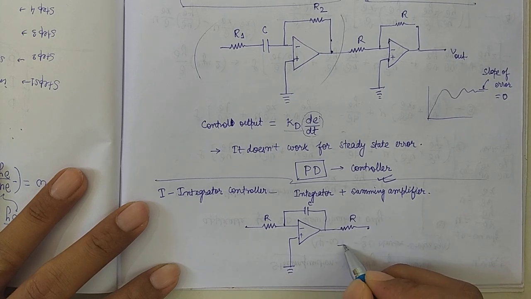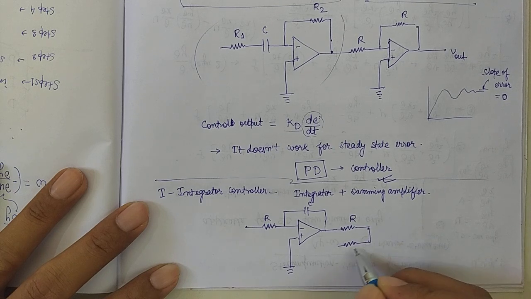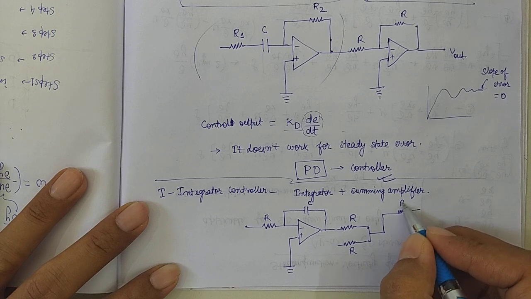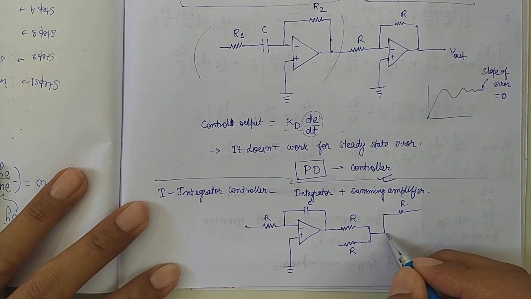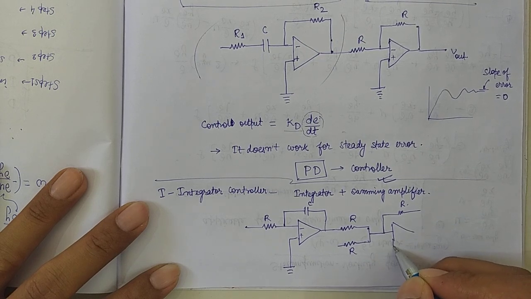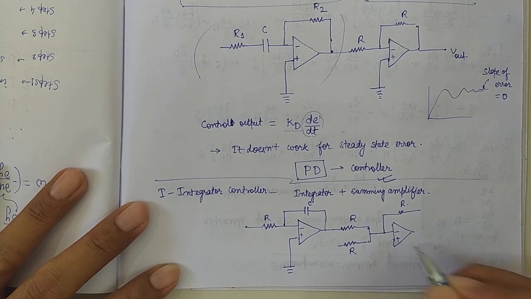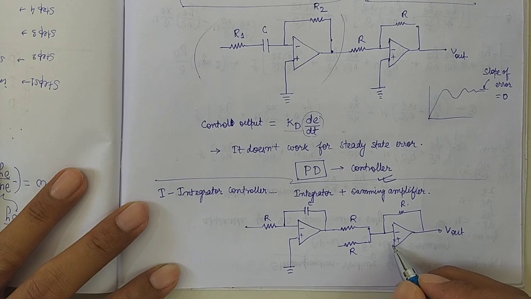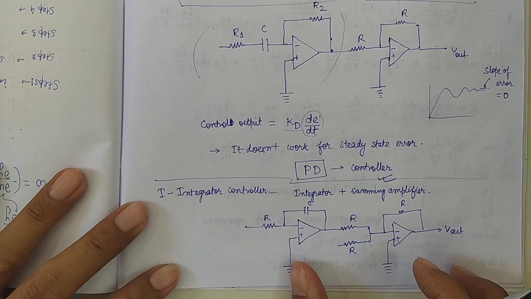This some R, some another R is added with some feedback resistance R again with this gain, positive, negative, and this is your V out.